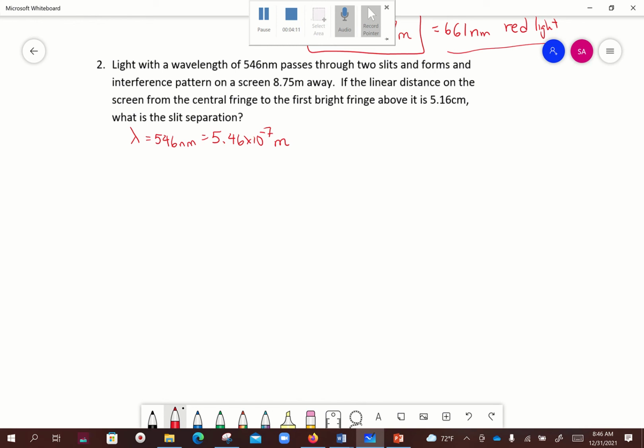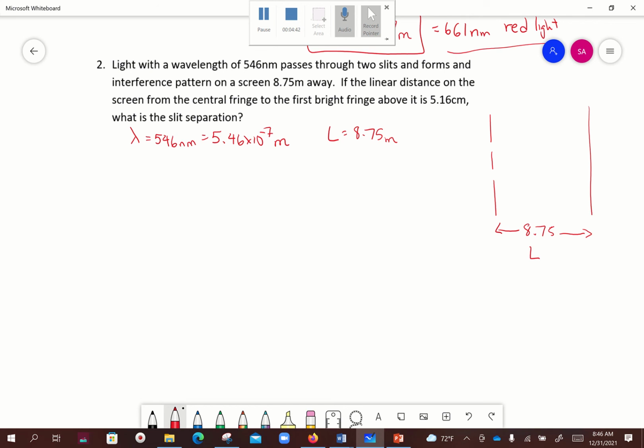It passes through two slits, so I know it's a double slit problem, and forms an interference pattern on a screen that's 8.75 meters away. We usually call the distance to the screen L, so L is equal to 8.75 meters.